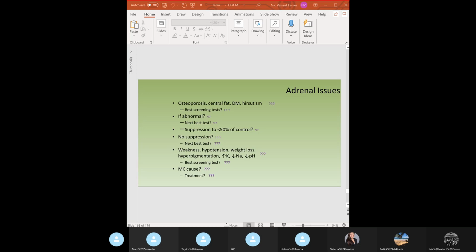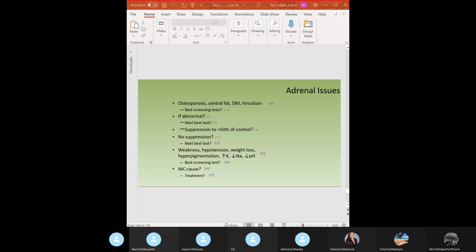Pituitary adenoma, that's the cause of the Cushing's. If there's no suppression, either it's an adrenal neoplasia or an ectopic ACTH producing tumor. So your next best test would be plasma ACTH. Also check the CT if the patient is a smoker, and also abdominal CT.